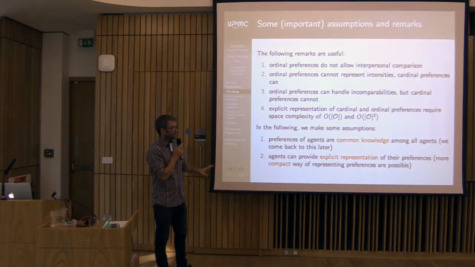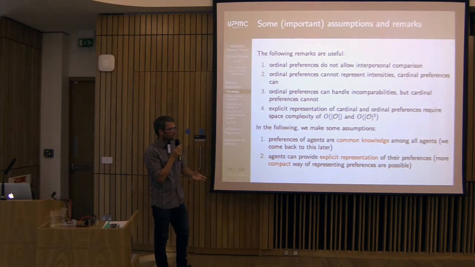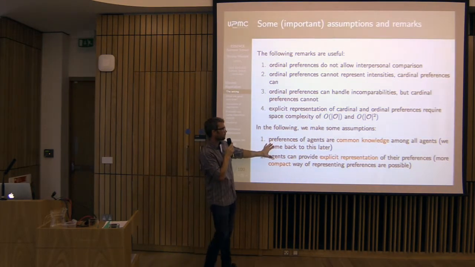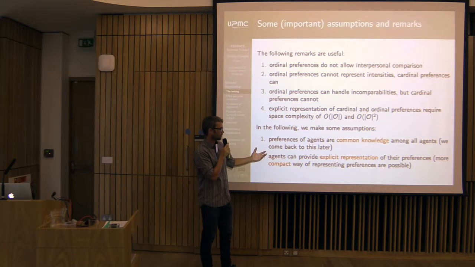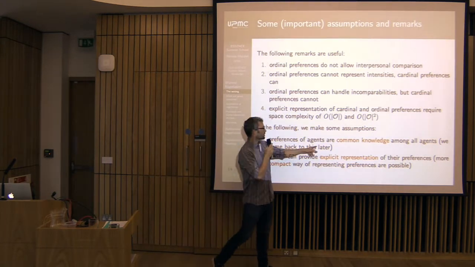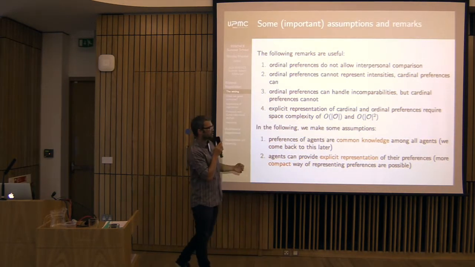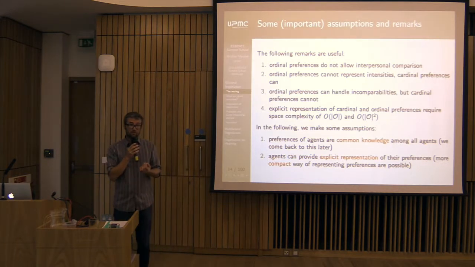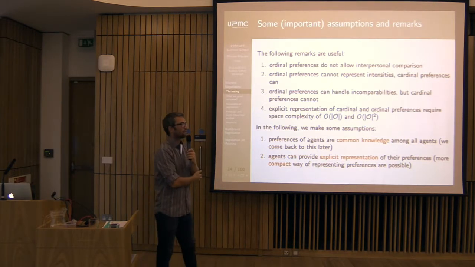Some assumptions that are usually made, I will typically make these assumptions, although maybe not all the time, so I will specify on the way. But preferences of agents are common knowledge among the agents, and that's a central point in game theory, that you have full access to the preferences of agents.